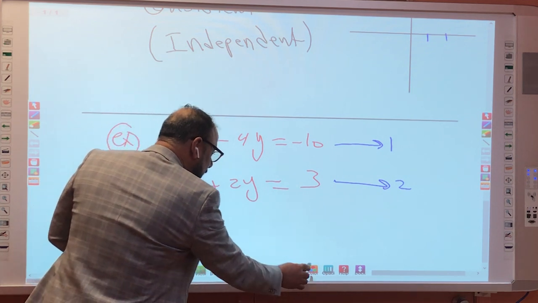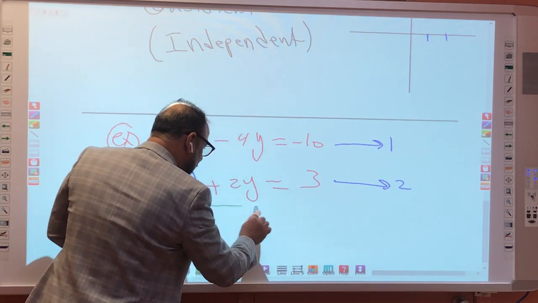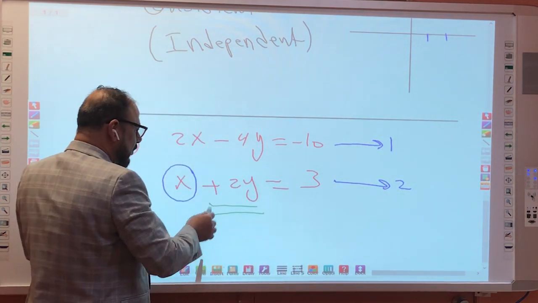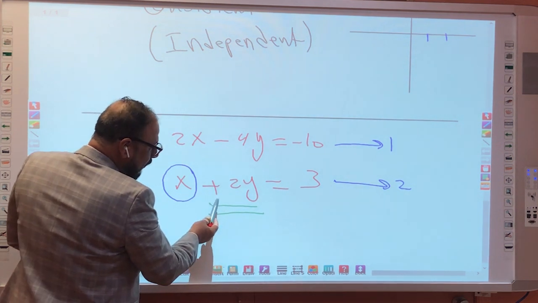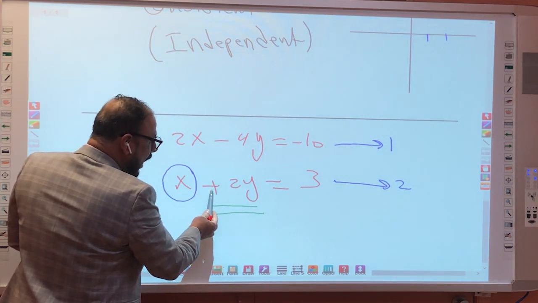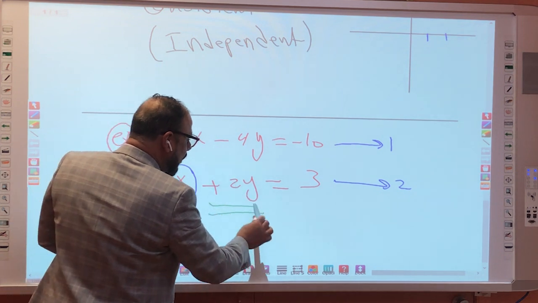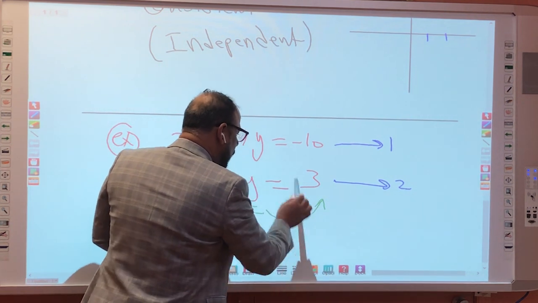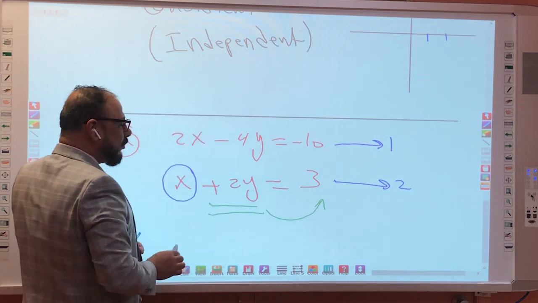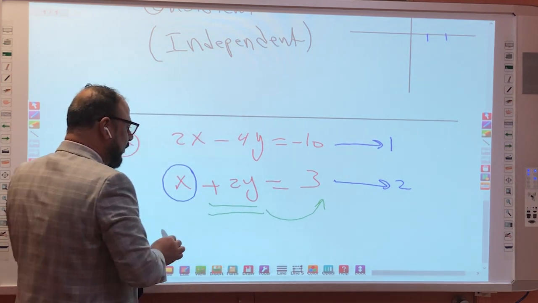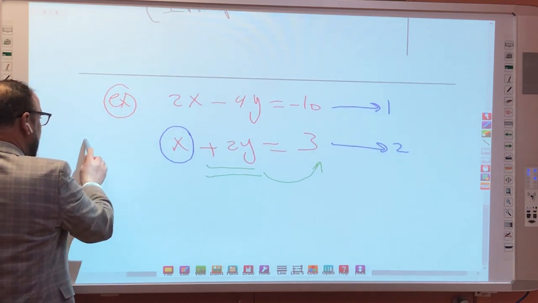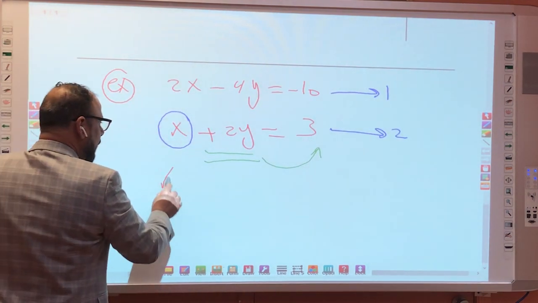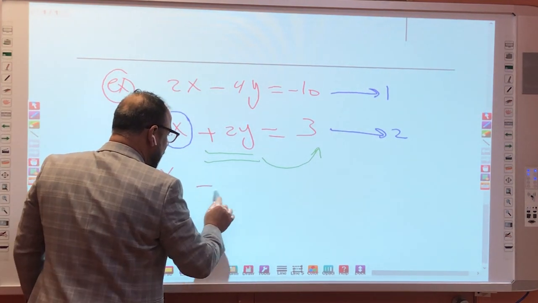And remember, I've said remember many times. When you move any term from one side to the other, if you cross the bridge of the equal sign, you change the positive to negative, or the negative to positive. I'm going to leave x and the 3 in red.